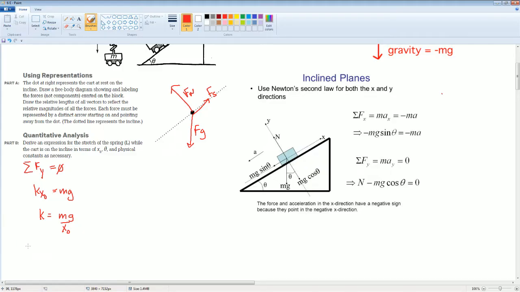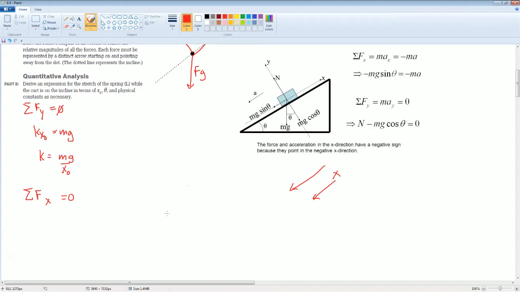All right. Now, then we have the summation of F on the x, which is basically along the incline. Let me treat anything like this as the x direction, if that makes sense. It's parallel, so this is x, or along the incline, and this is equal to 0, exactly like what we said here.